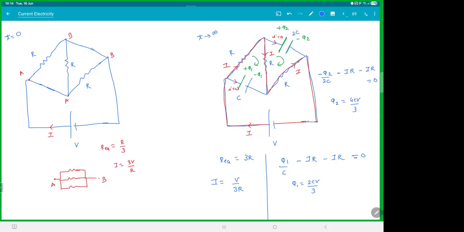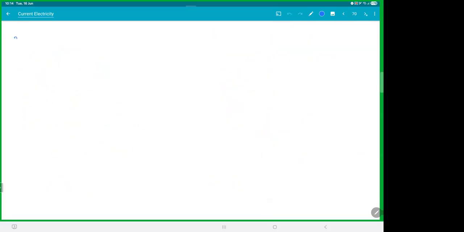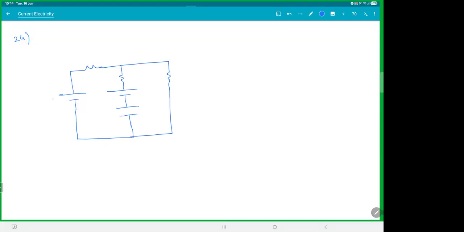I'll give you one more like this. This is V, this is R, this is R, this is 2R, this is 2V, and this is the capacitance.